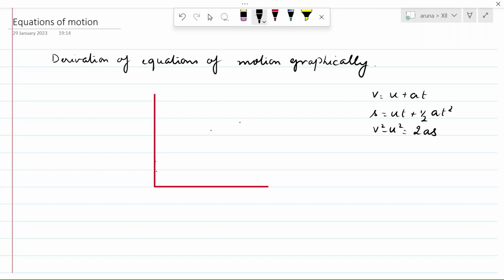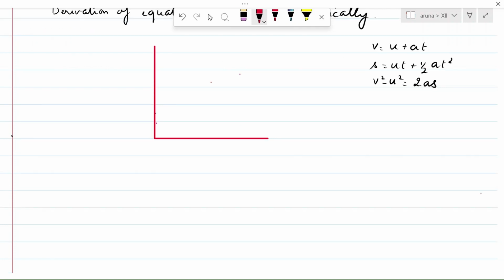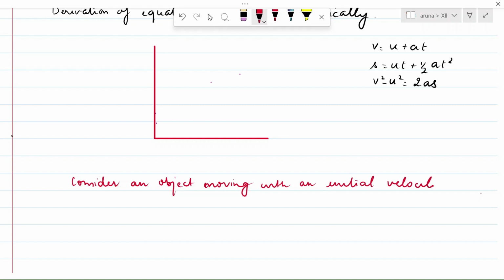We need to take a situation, and the situation is, consider an object moving with an initial velocity u at t equal to 0.